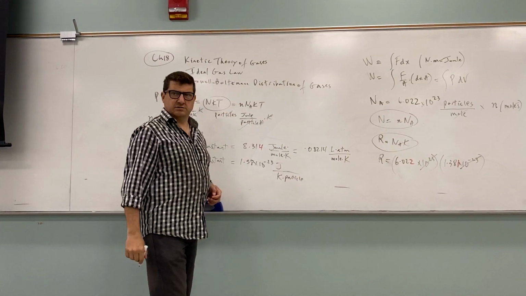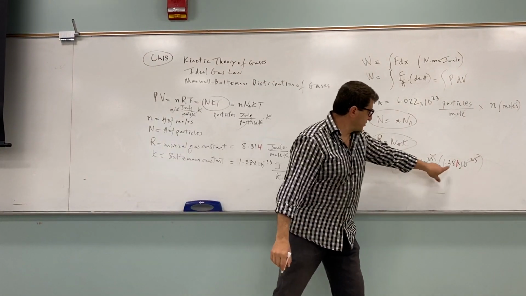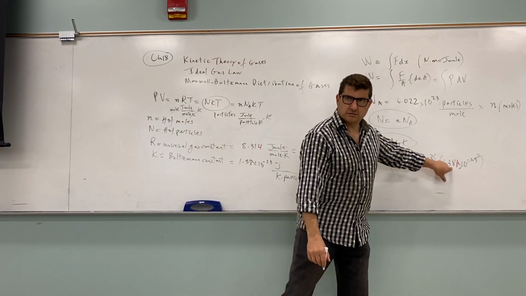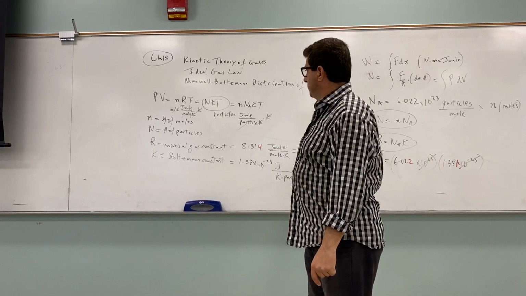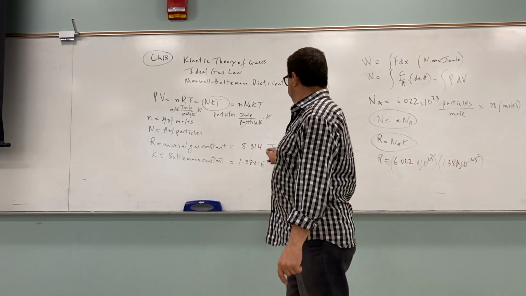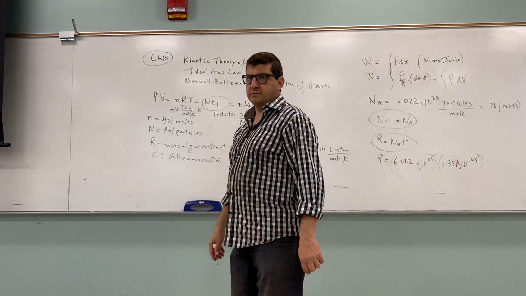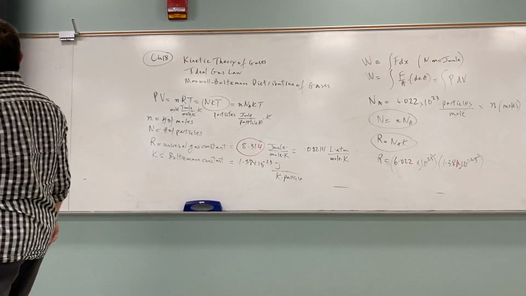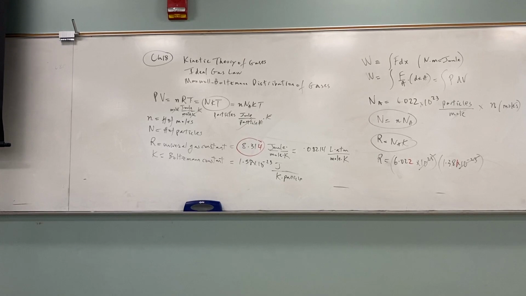Does that come out? 6.022 times 1.381 is 8.31-something. If I hold all the decimals, yes, 8.314. So 8.314 joule per Kelvin per mole.